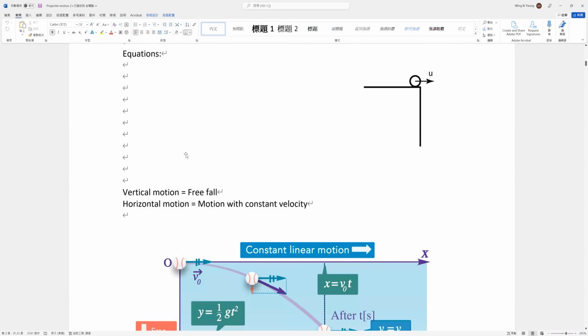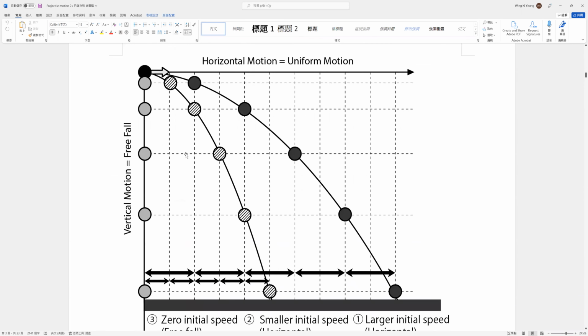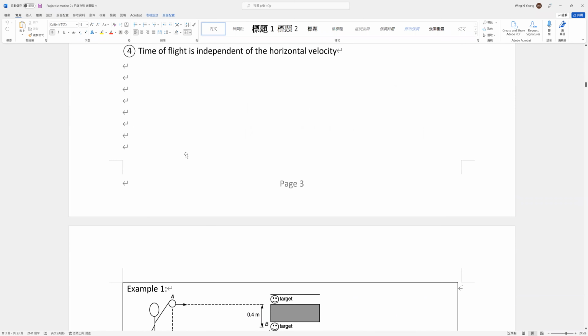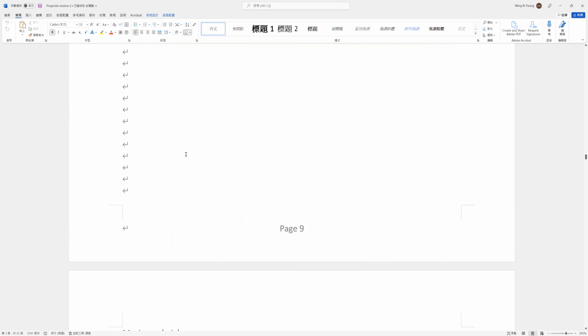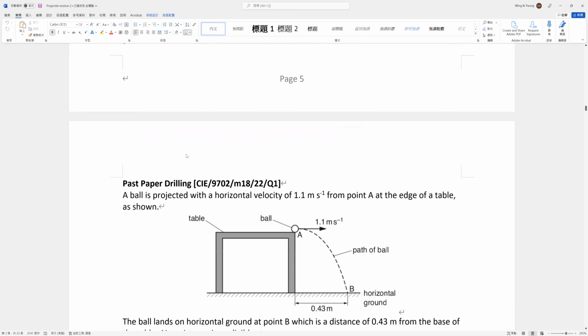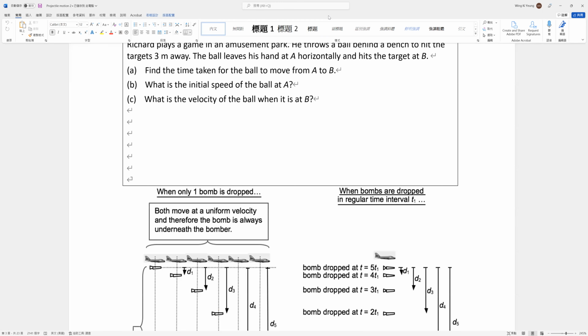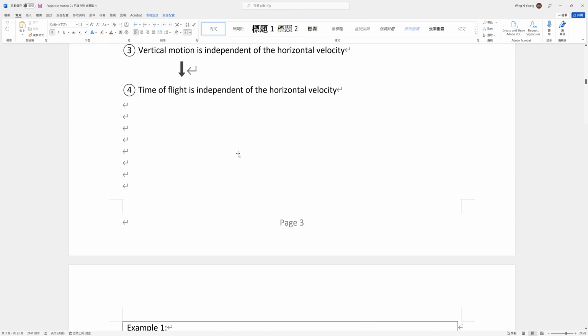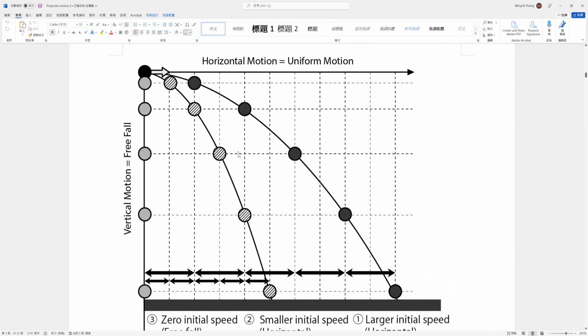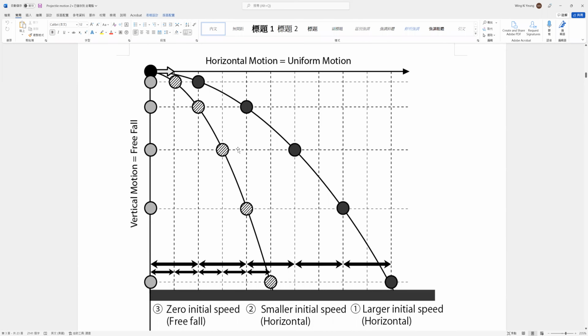By looking at this diagram, the diagram on the page here, the photo shows the motion of 3 balls.